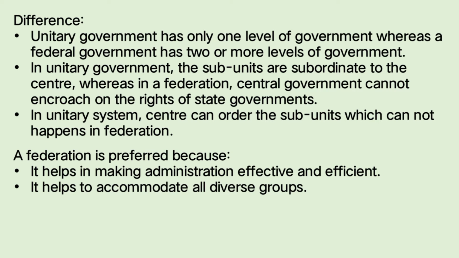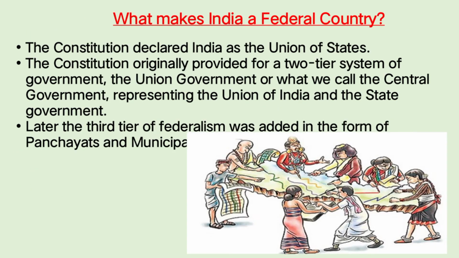In a unitary government, the subunits are subordinate to the center, whereas in a federation, the central government cannot encroach on the rights of the state government. They have their own rights. In a unitary government, the center can order the subordinate units, which cannot happen in a federation. A federation is preferred because it helps make administration simplified, more effective and more efficient. It helps to accommodate all diverse groups.